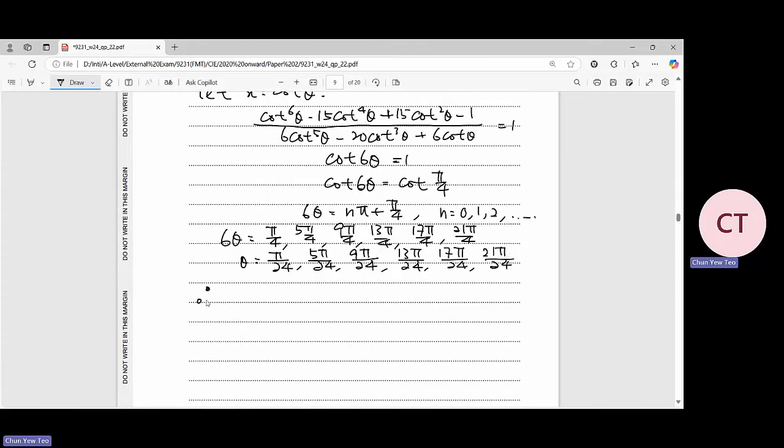So therefore, my x is equal to cotangent theta, 6 of them: cotangent pi over 24, cotangent 5 pi over 24, cotangent 9 pi over 24, cotangent 13 pi over 24, cotangent 17 pi over 24, and the last one, cotangent 21 pi over 24.